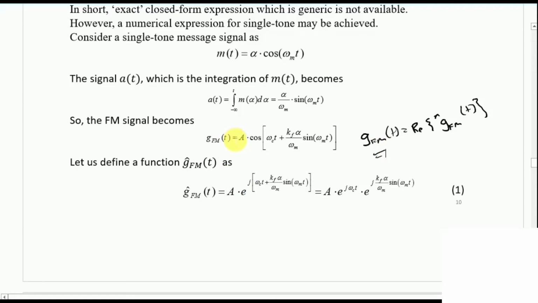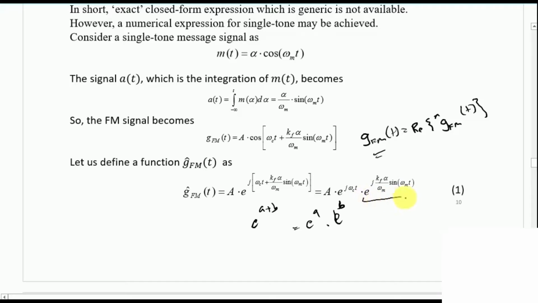So we have A e^{j(omega_c t + k_f alpha over omega_m sine omega_m t)}. From the property of exponentials, e^{a+b} equals e^a times e^b. So we have e^{j omega_c t} times e^{j k_f alpha over omega_m sine omega_m t}.